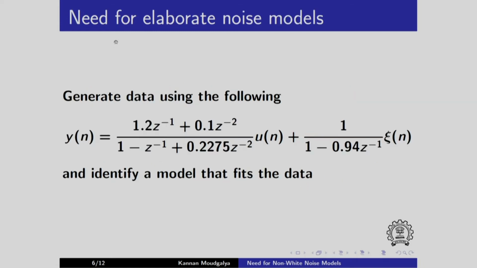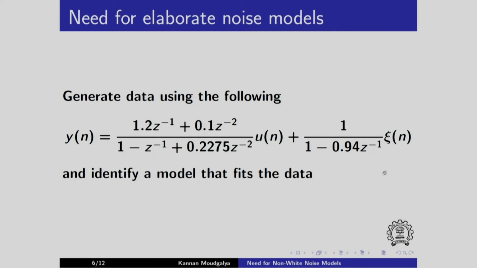Now we will explain the need for elaborate noise models with an example. So here is the problem statement. Generate data using the following model, and notice that the denominator is not the same, not common, and it is not white noise, it is colored noise.